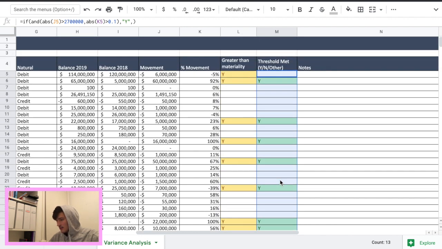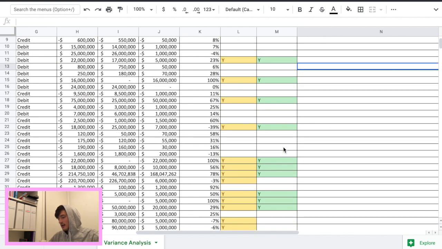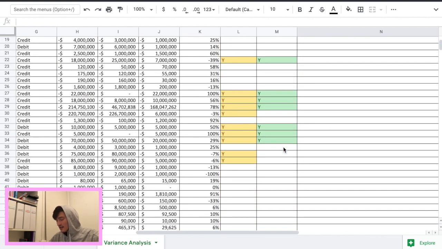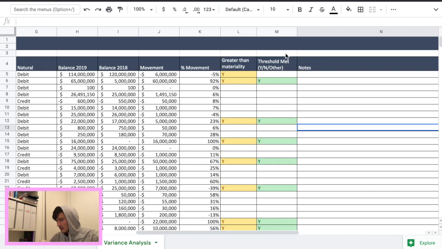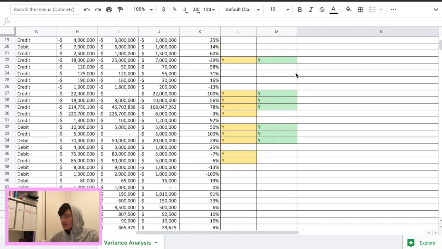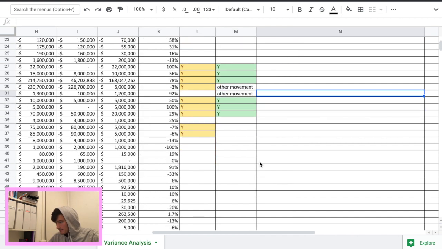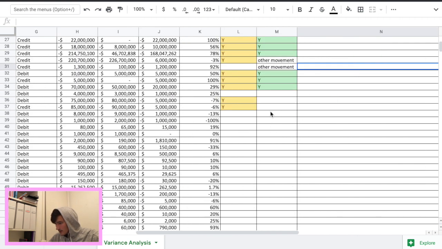And one other thing that we will have to add is additional movement comments, and I'm just not sure how to add that in a formula, so we're going to have to write it in. If you guys are confused by this, you'll figure it out when you read the next document. So, this one is other movement. The one below it is also other movement. 13%. That one should be other movement too.